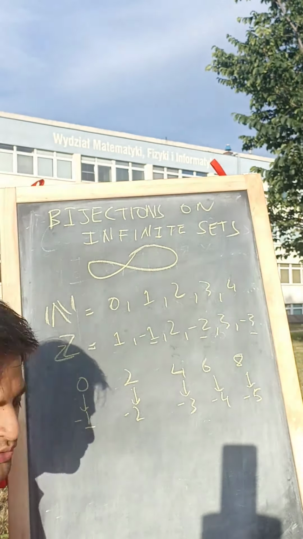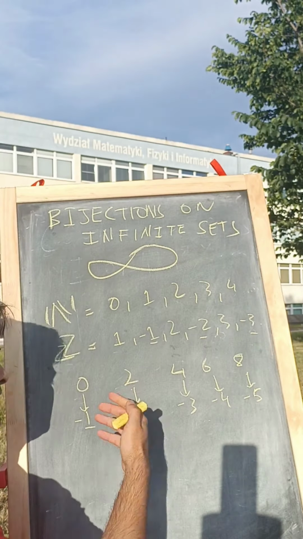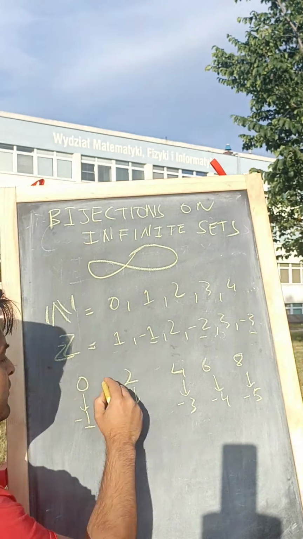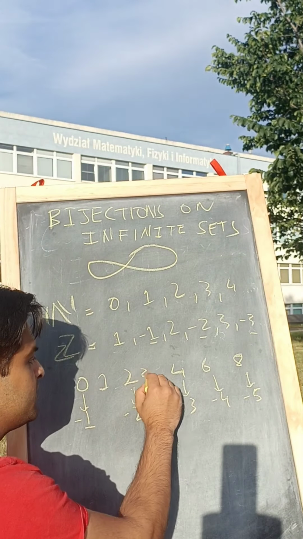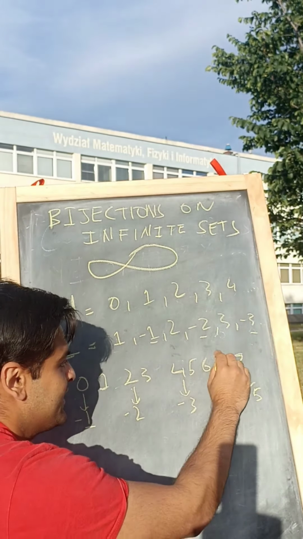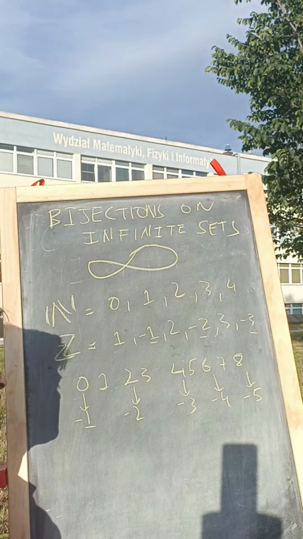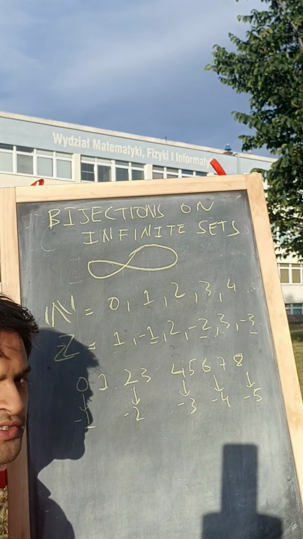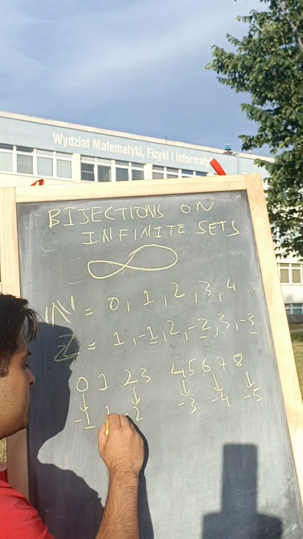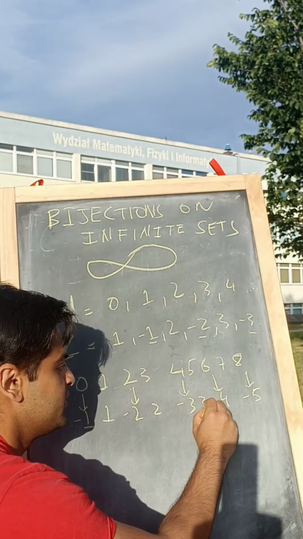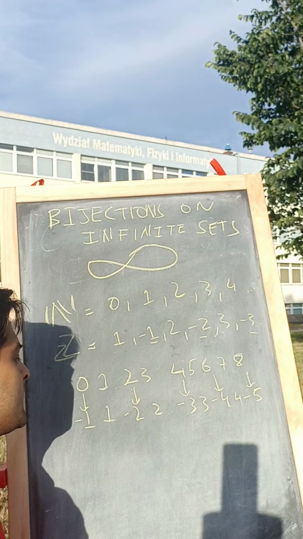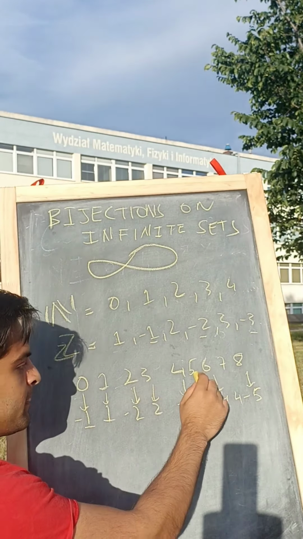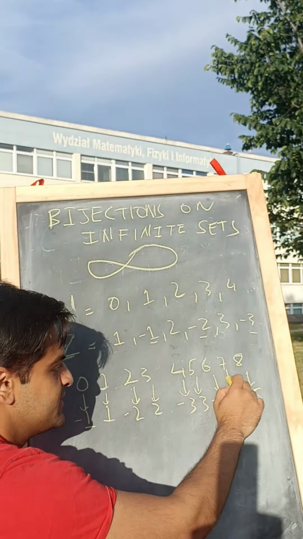Now I can do the same thing but with the odd numbers. So let's now look at the odd numbers. We have 1, 3, 5, and 7. And now let's map these onto the positive integers. So we have 1, 2, 3, 4. And we can map 1 onto 1, 3 onto 2, 5 onto 3, 7 onto 4.